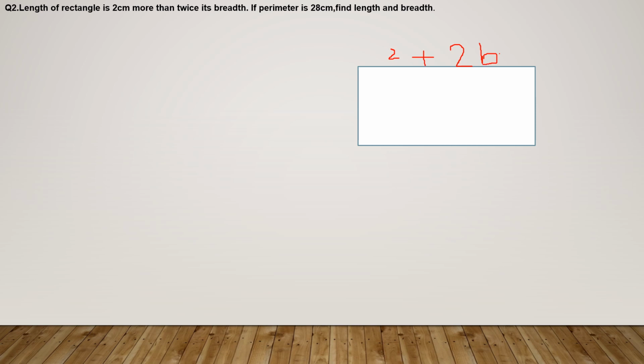This is the length. Length is 2 centimeter more than twice of its breadth if this is your B. And the perimeter, the complete boundary is given to us, that is 28 centimeter. Find length and breadth. Let's solve this question.